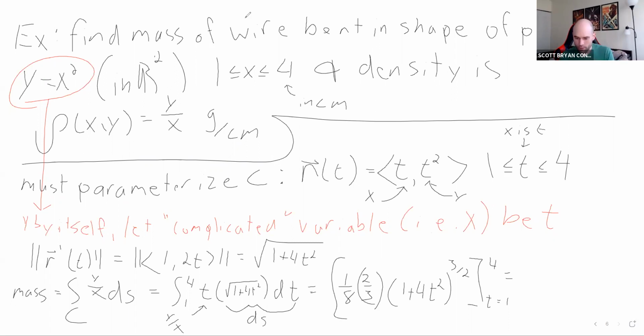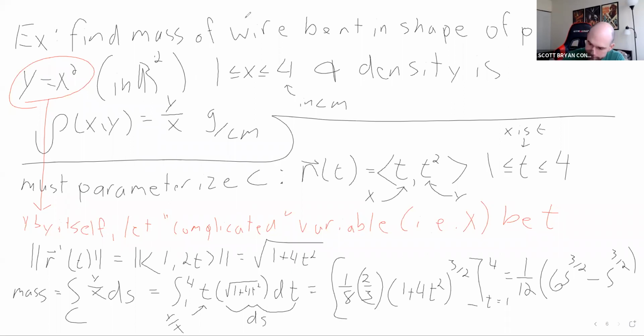And when we do that, we get 1/12. So 4 times 4 squared is 64, plus 1 is 65, to the 3/2, minus 1 plus 4 times 1 squared, which is 5, to the 3/2.